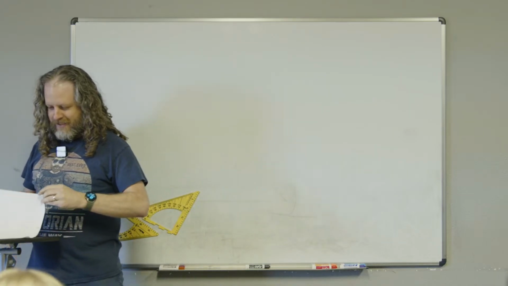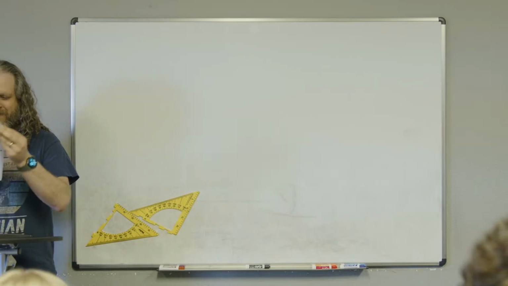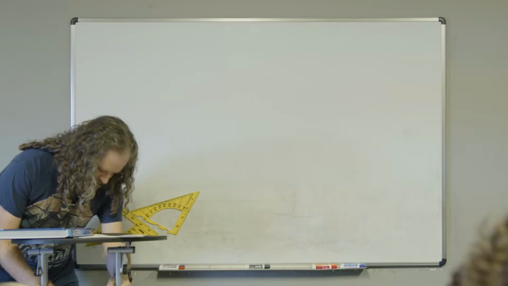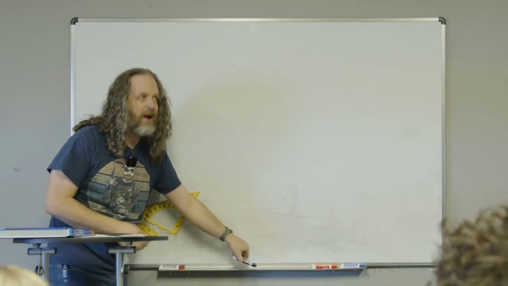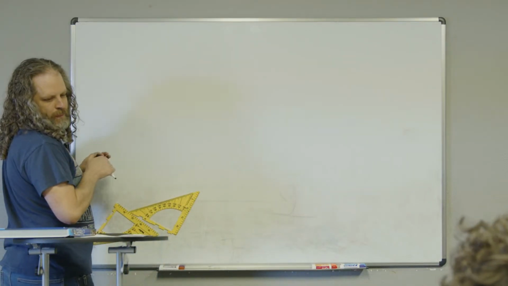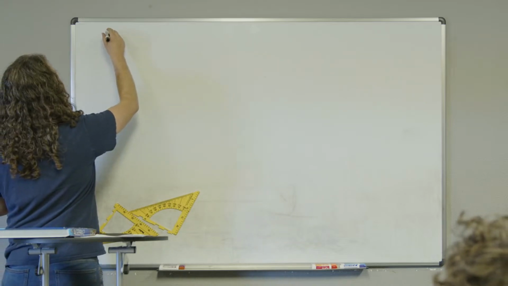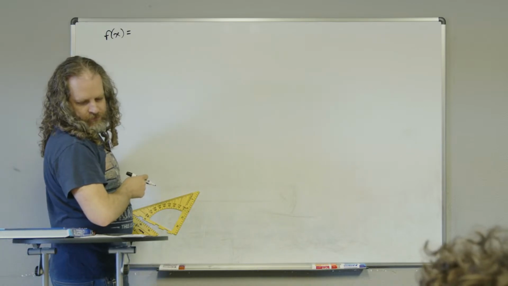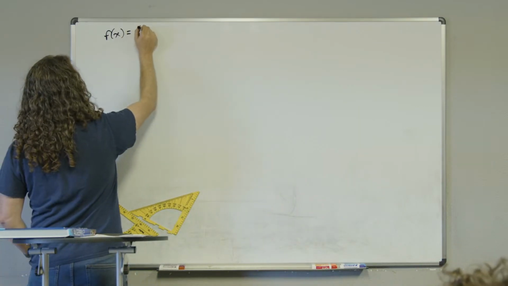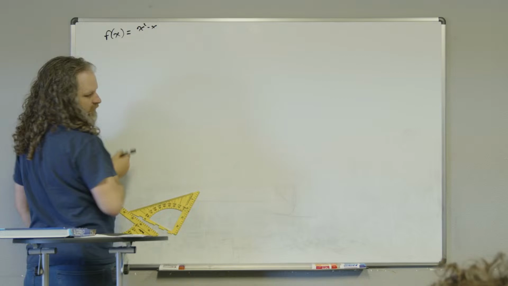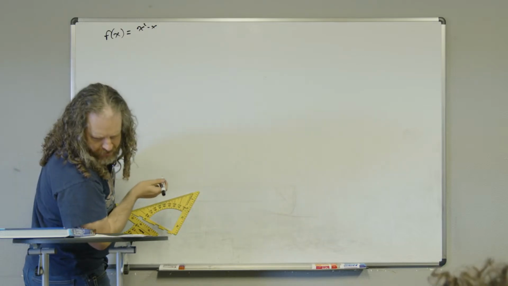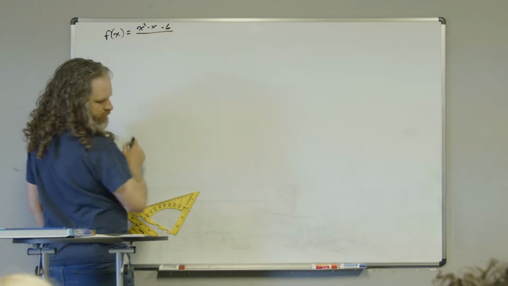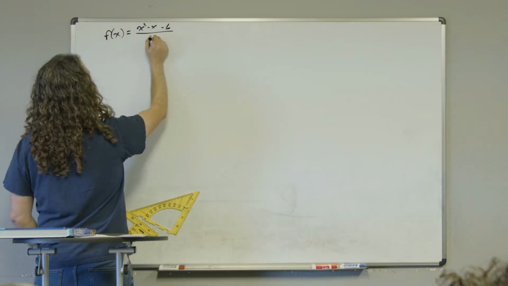All right, no, you can't say 12 because 8 is next. Okay. Number 8, we are expected to graph f of x equals x squared minus x minus 6 over x plus 1.